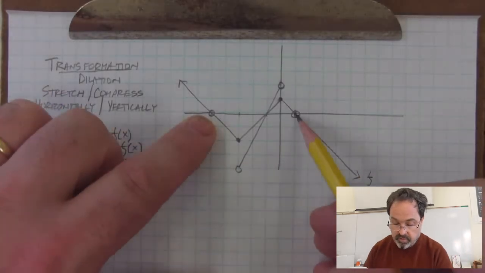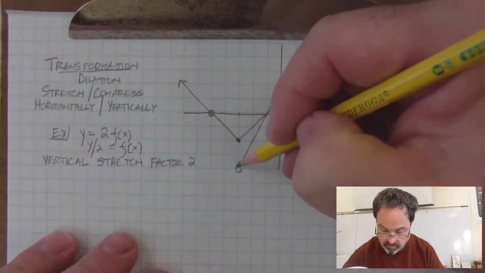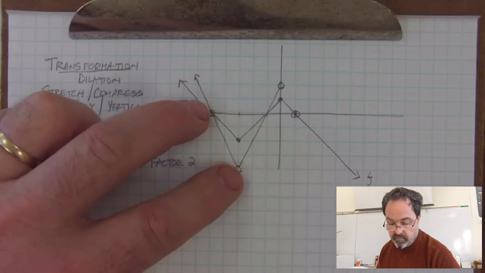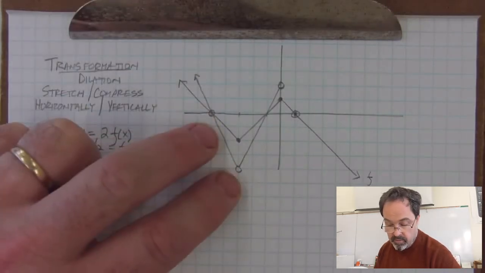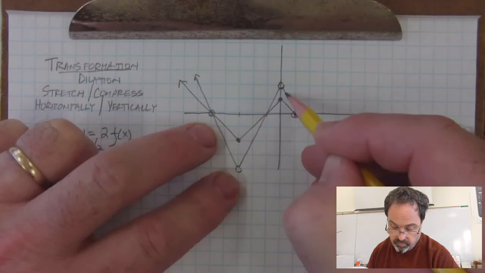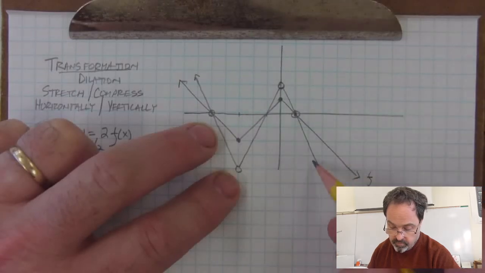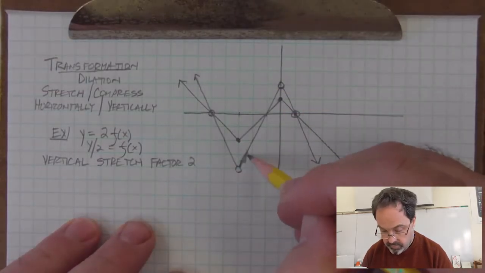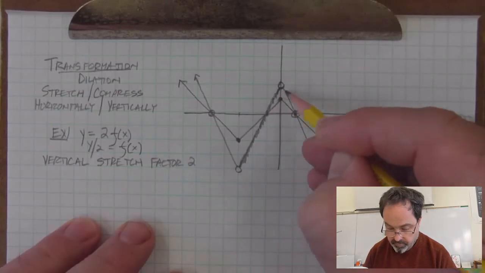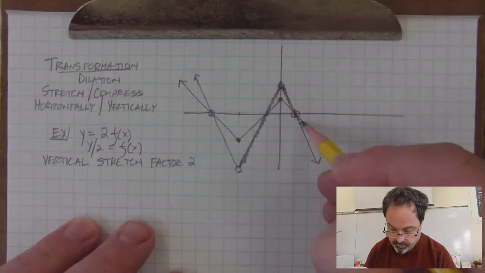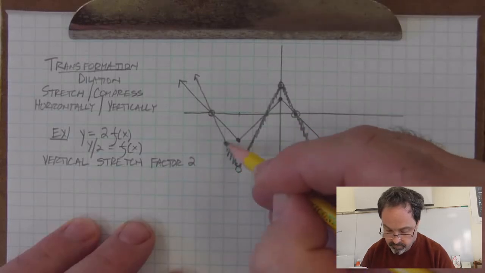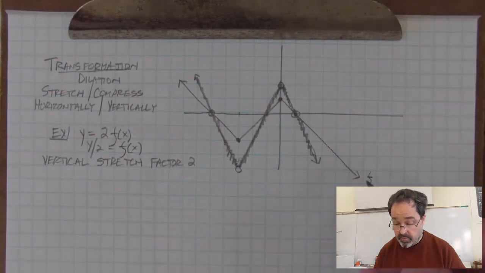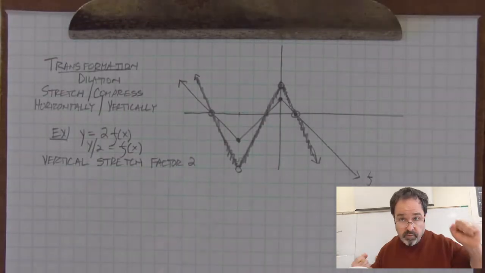So these 2 points remain fixed, and I can draw a line between them to show how the rest of the points between these 2 points are affected. Likewise, these 2 points will be connected by a line that will continue. I'm going to shade so that I can better see the graph after the dilation. And hopefully, it's obvious that the f function was stretched out vertically by a factor of 2.